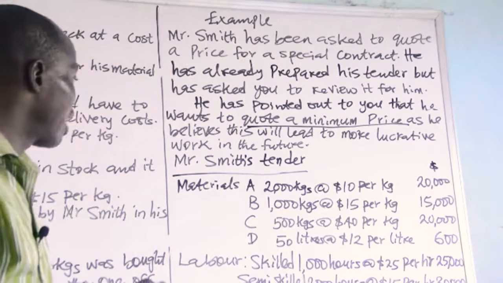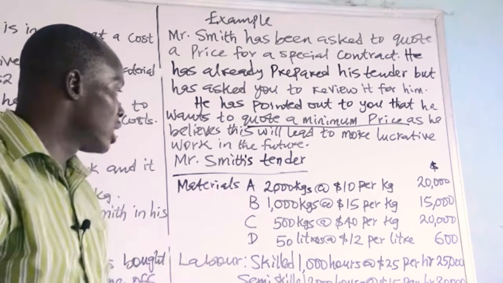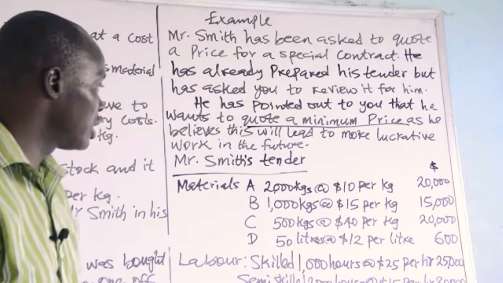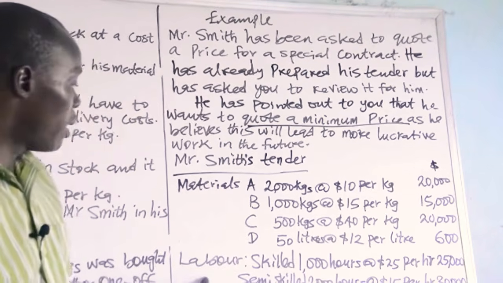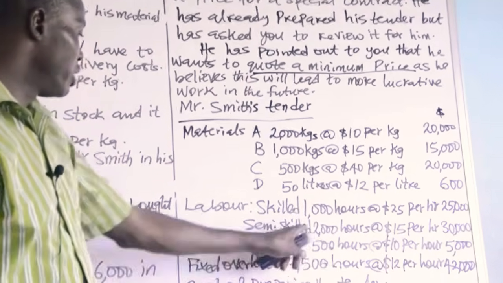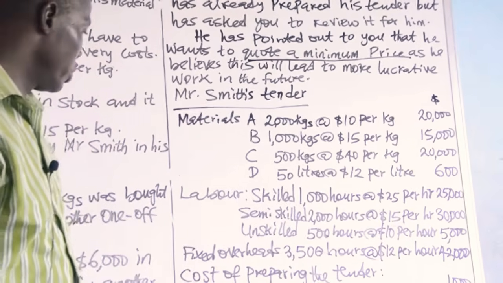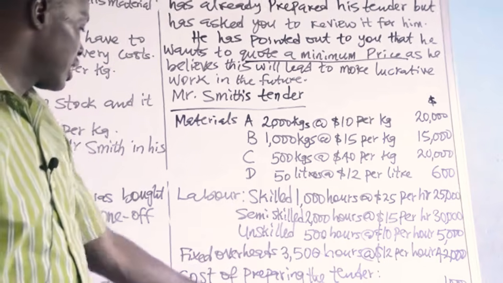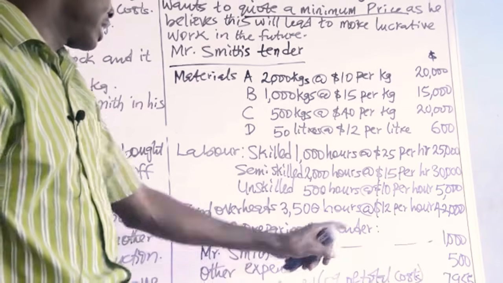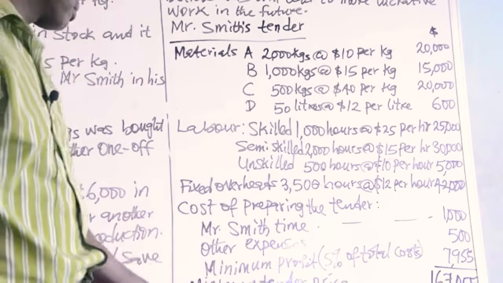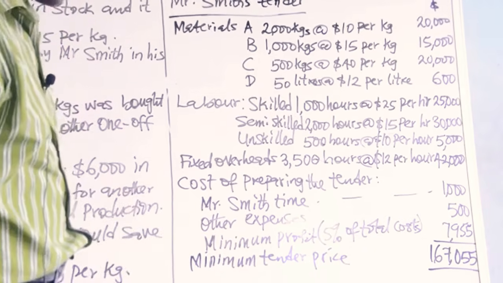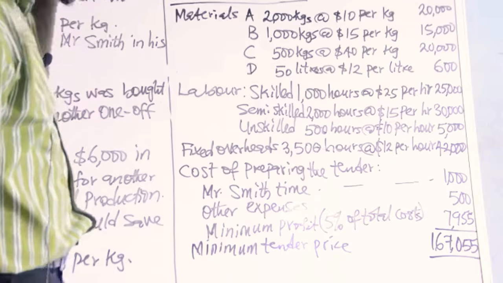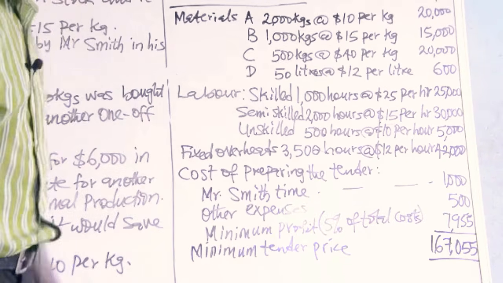He has material A, 2,000 kg at $10,000 per kg. B, C, and D with the value. Labor: skilled, semi-skilled, and unskilled. Fixed overheads. Cost of preparing the tender. We have Mr. Smith's time. Other expenses. We have the minimum profit, 5% of total cost. Then we have the minimum tender price as given.